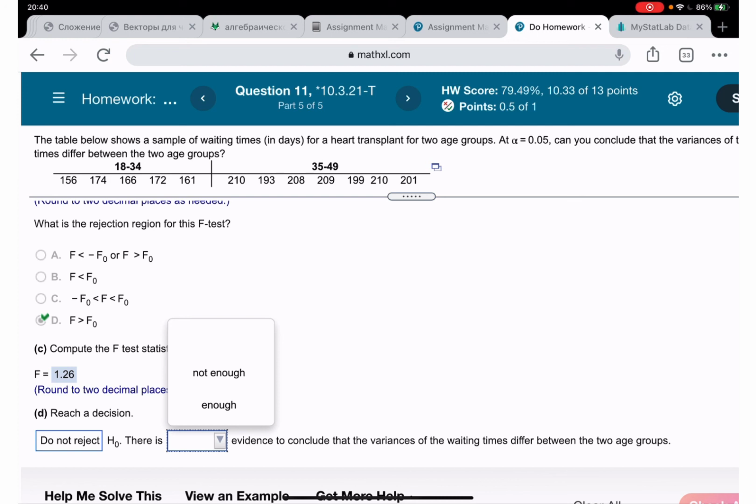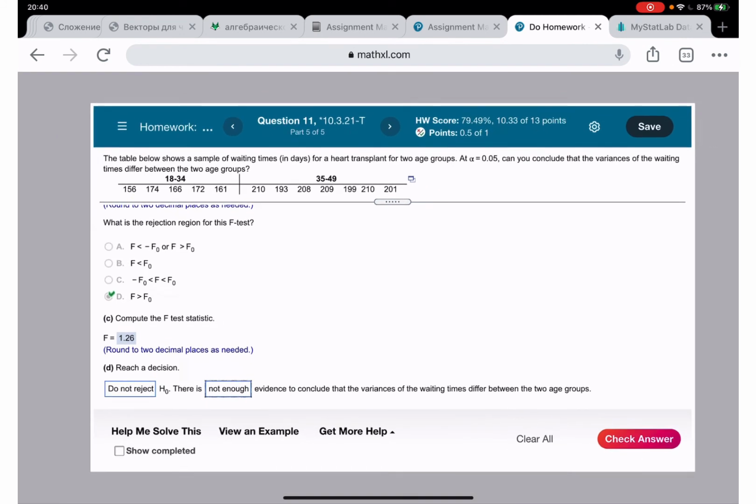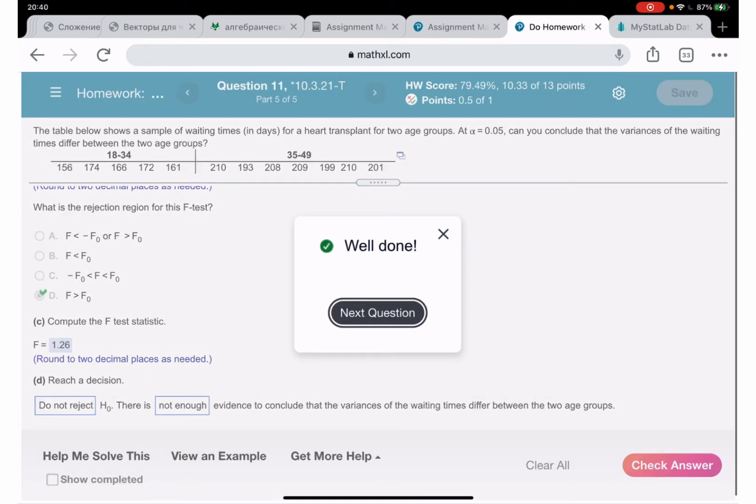There is not enough, because we do not reject. Since we do not reject the null hypothesis, there is not enough evidence to conclude that the variances are different, because if we accept the null hypothesis, then we reject the alternative. Okay, check. Very good.